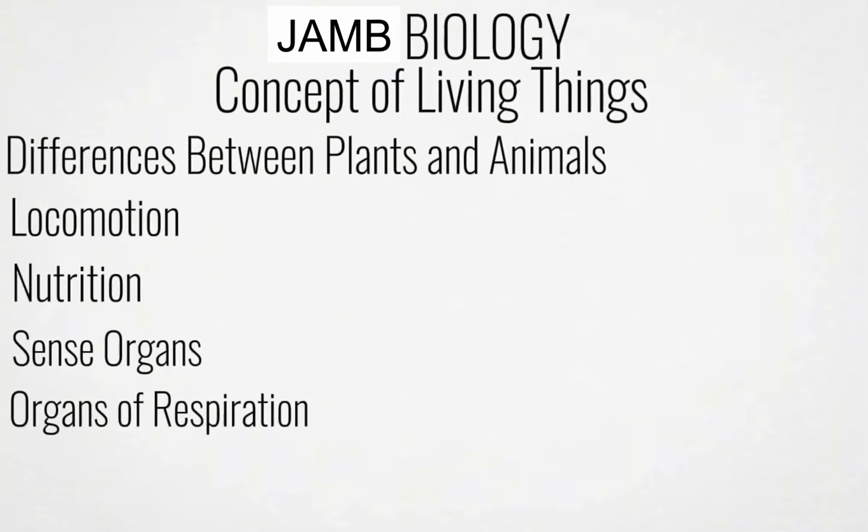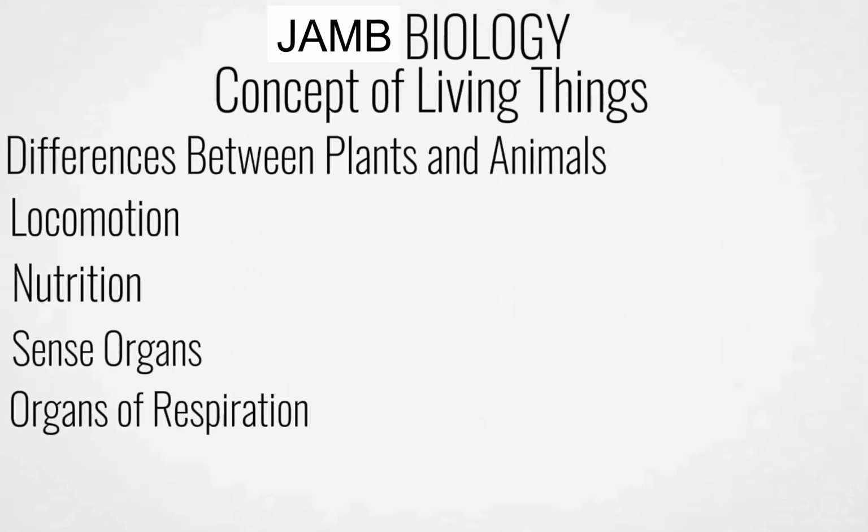Whereas animals have organs of respiration and hence can carry out respiratory movements. For instance, mammals possess lungs. An exception is an organism like the amoeba, which does not possess respiratory organs.